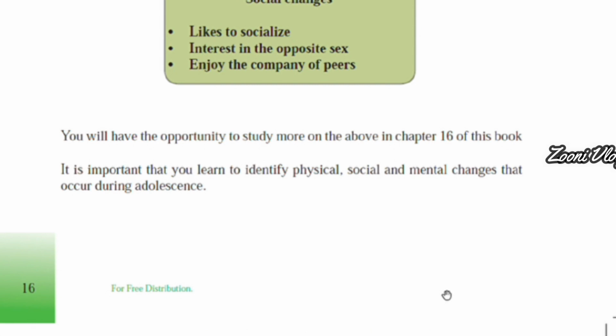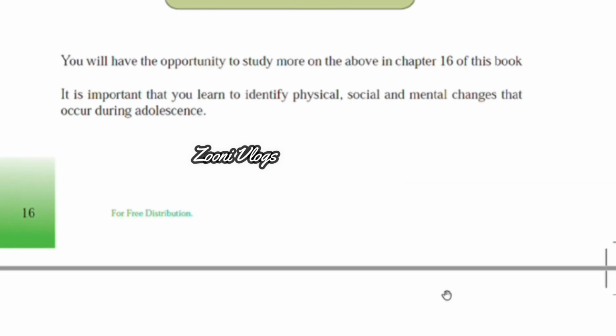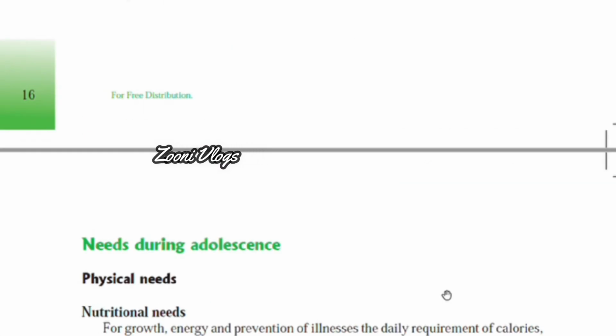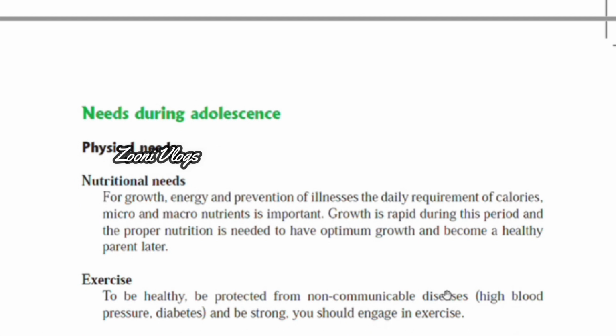We have to learn many more things. It is important that you learn to identify the physical, social and mental changes that occur during adolescence. Now we are going to learn more about adolescence, under that, the needs during adolescence.